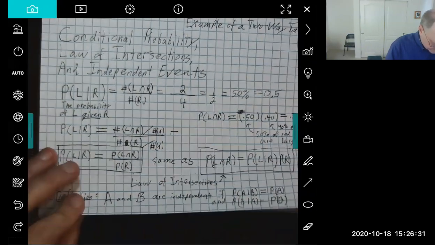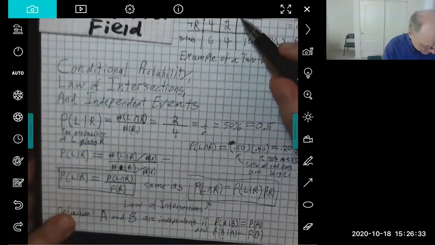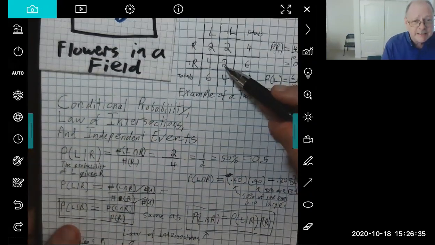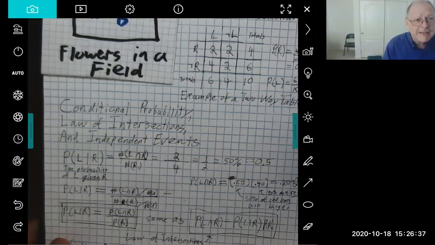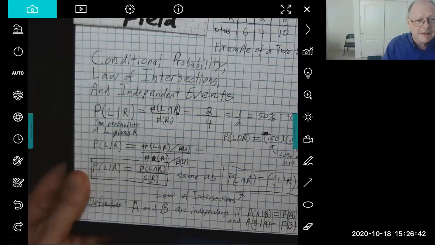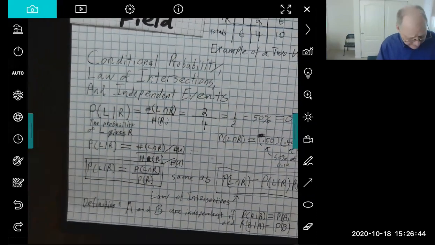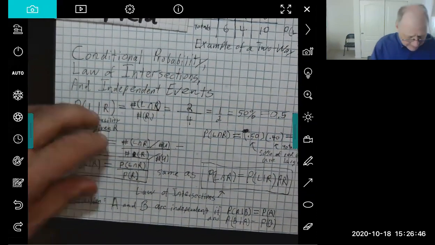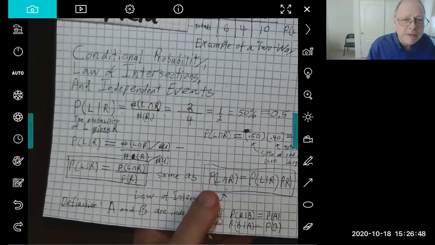Okay. So in this example, the color and the size of the flowers were not independent. Doesn't mean there's any cause and effect there. It just means the ratios are different.